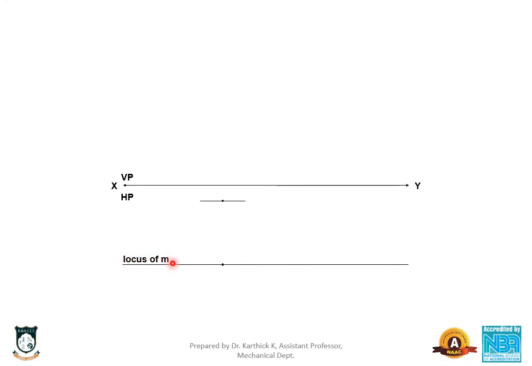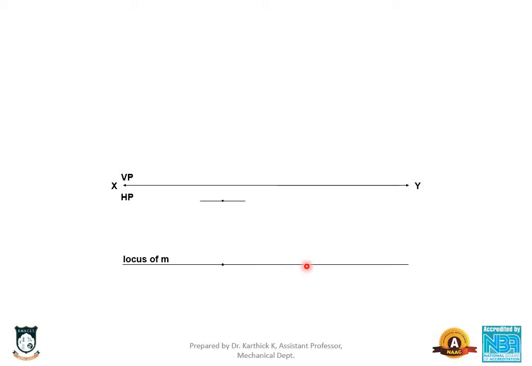And the next step, we know the top view length, that is 120 millimeter. So from this line you have to keep your compass and take half of the length, that is, total length is 120 millimeter, you have to take half of it. How much? 60 millimeter.